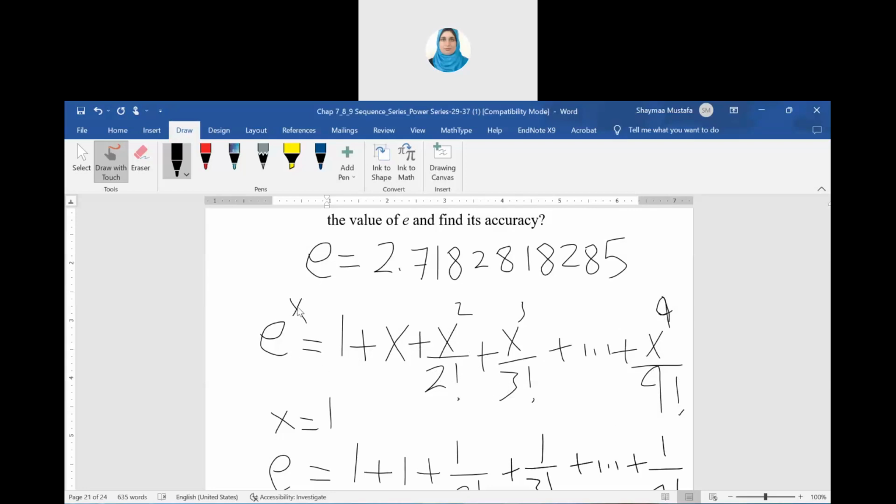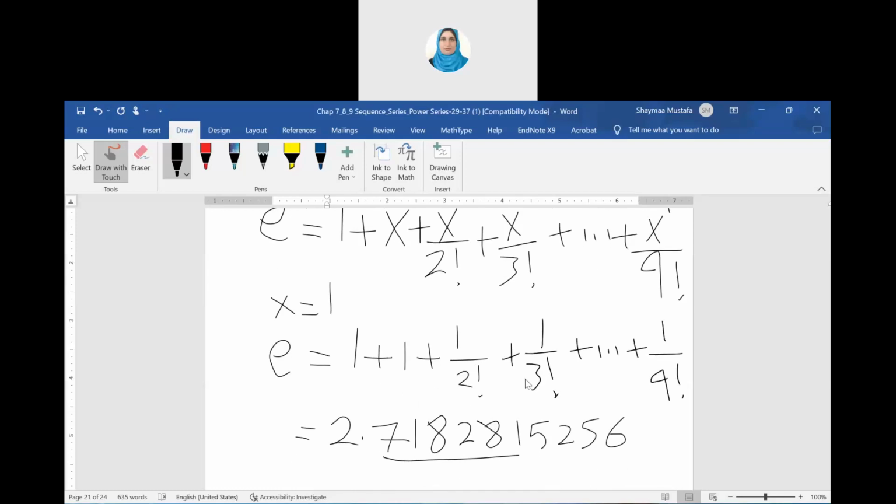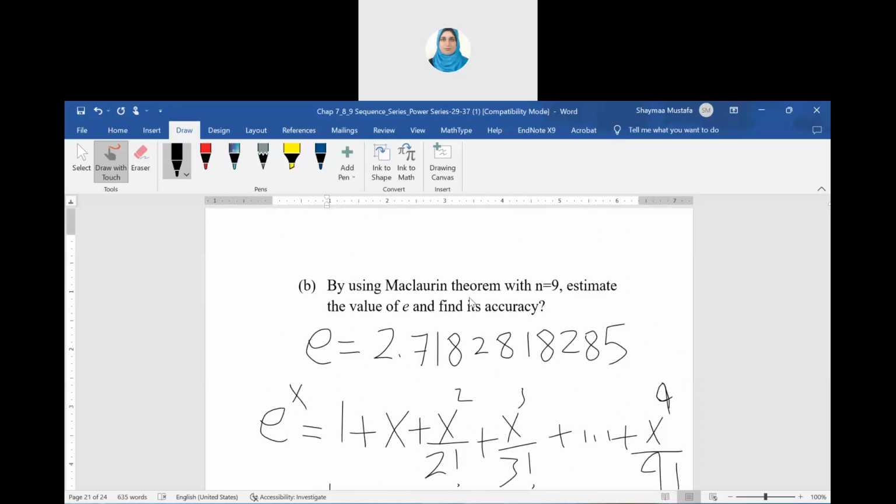I need to calculate e, which means x equal to 1. So with x equal to 1, you have the value of e: 1 plus 1, x squared becomes 1 over 2 factorial, x cubed, which is 1 also, over 3 factorial, until 1 over 9 factorial. If you evaluate the summation, you get this result. Now, if you compare the result of the summation with the original result from the calculator, we have the first 6 decimals the same.